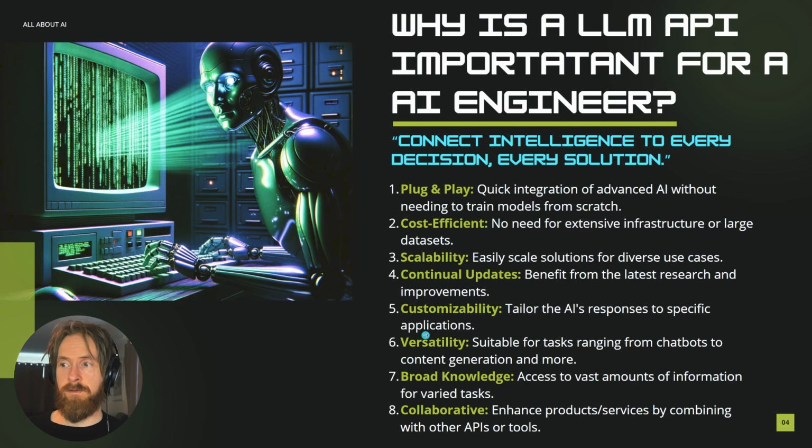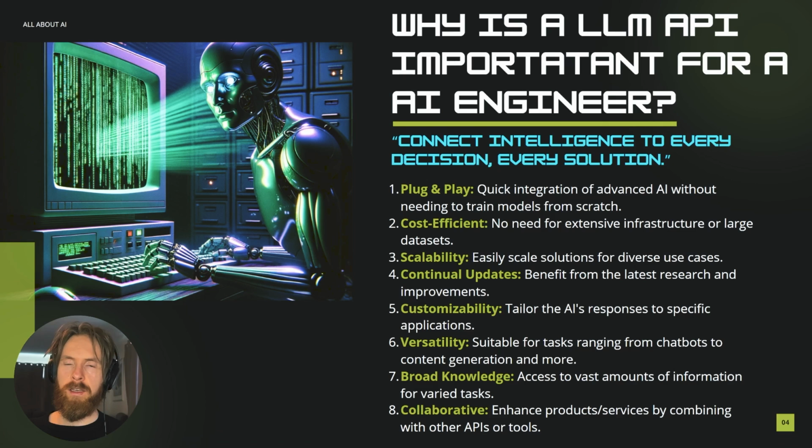It's customizable, it's versatile, it has broad knowledge. So this is more like the foundation models, if you want to call it that. But we could see the rise of narrow models that have more narrow knowledge. It just knows about law and lawyer stuff, for example. And it's collaborative, and that is something I think is really important when you think about AI engineers.